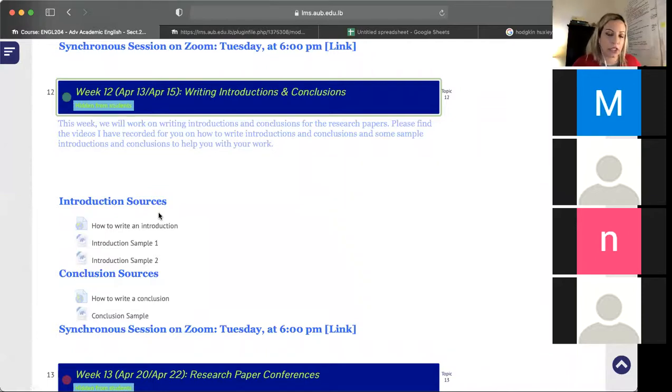As a compositionist and as somebody who has been teaching for a long time, I can tell you that students who write their introductions last appear to be a lot more confident about the research because they know exactly what they have written about as they are writing their introductions, so they write a much better introduction.